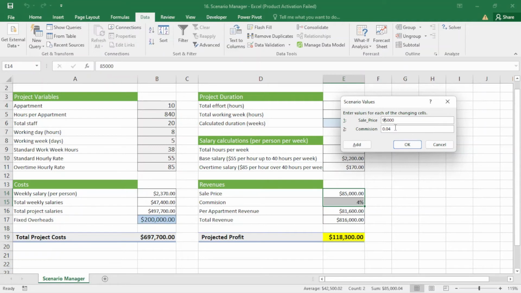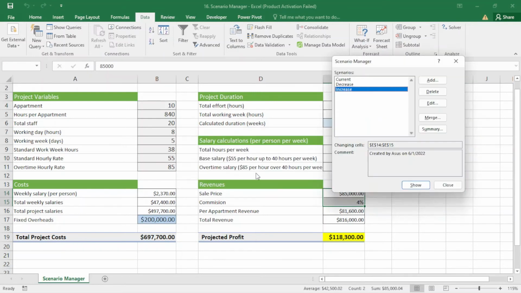And here the commission will also increase. And here I just write equal sign, multiply, 1 plus 30%, close the bracket. Okay, yes, okay.